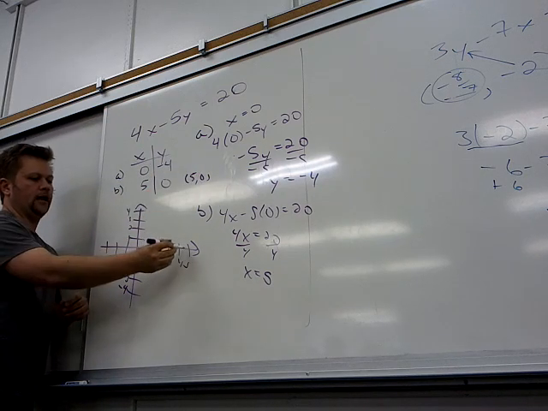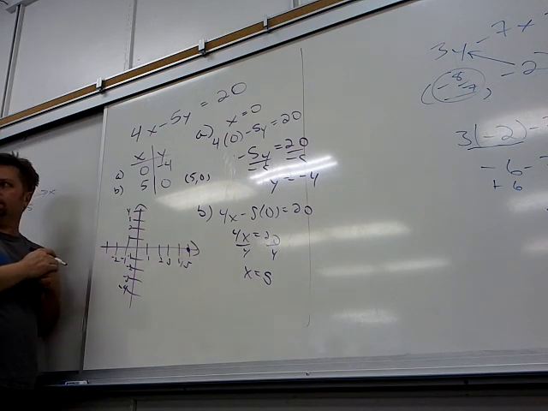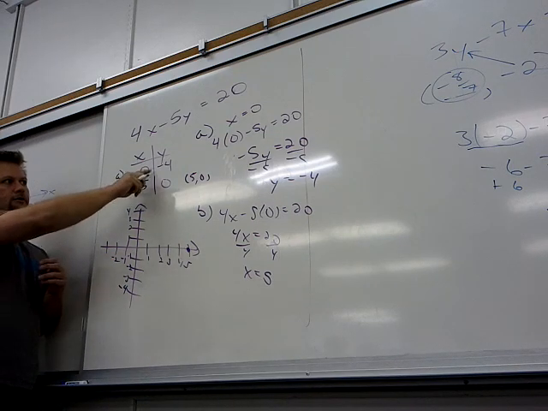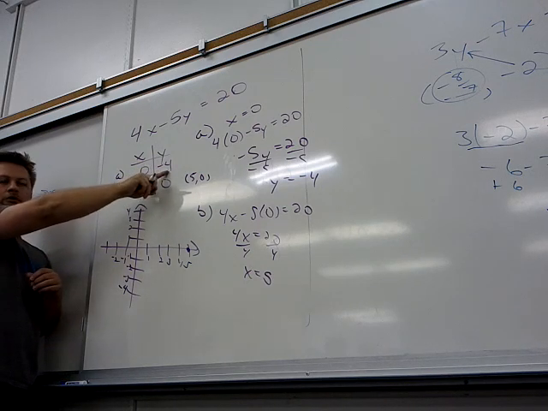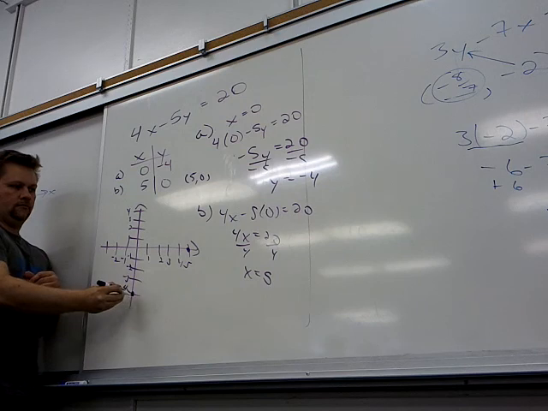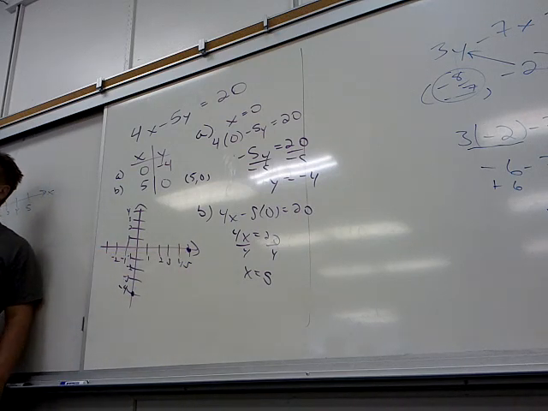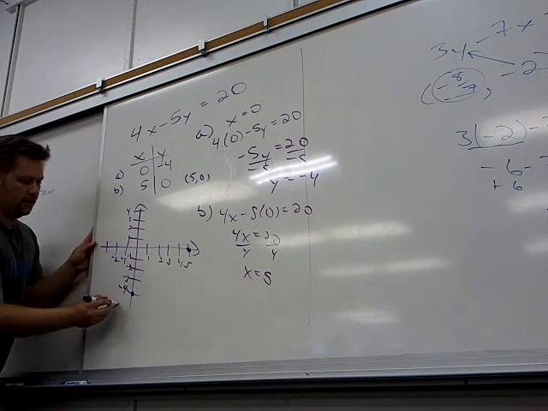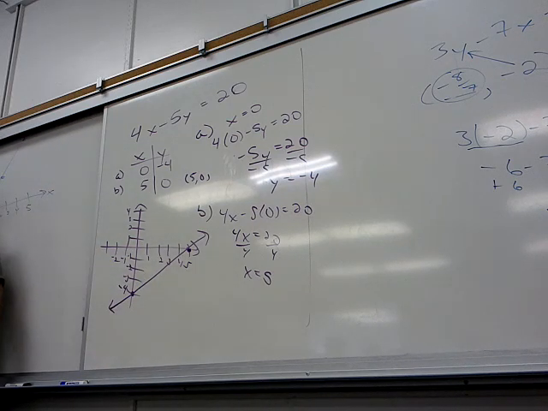Go 5 over, and how much up or down do I go? None. So it's on the x-axis. And then 0, -4. I go left and right, none. I just go purely down 4. So can I make a line? Yes. All I need really are 2 points, of course, to make a line, right?